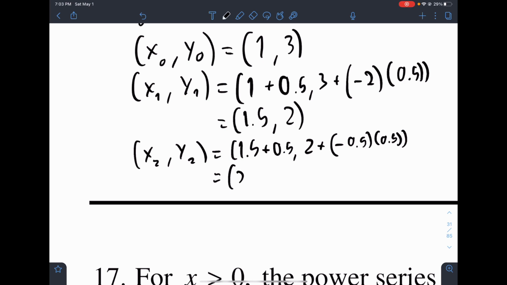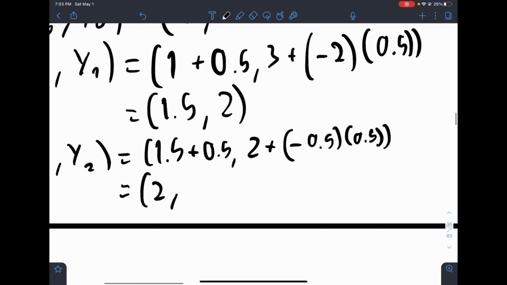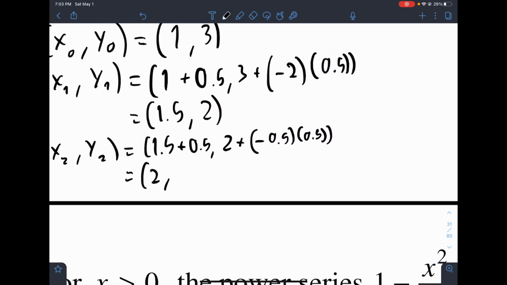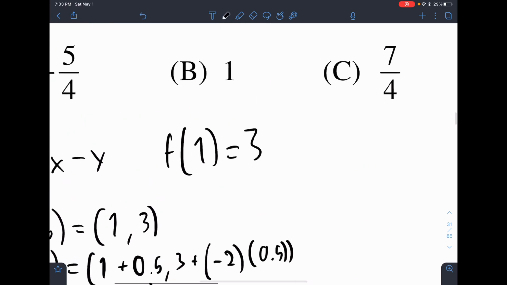And so this left side will be 2. So negative 0.5 times 0.5 will just be negative 1/2 times 1/2, which is negative 1/4. And so 2 equals 8/4. So 8/4, and then we add minus 1/4 equals 7/4. So 7/4, that's going to be our final answer.